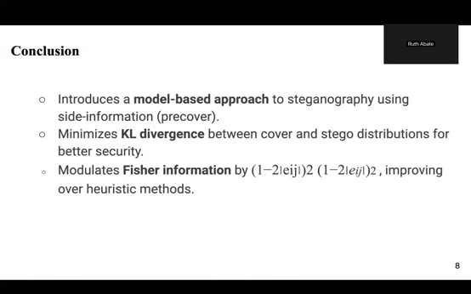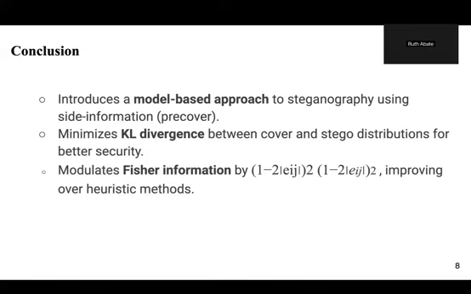By moving beyond heuristic approaches and adopting mathematically rigorous models, this research provides a foundation for the next generation of steganographic systems. It highlights the importance of combining theoretical principles with practical application to enhance security in real-world scenarios.